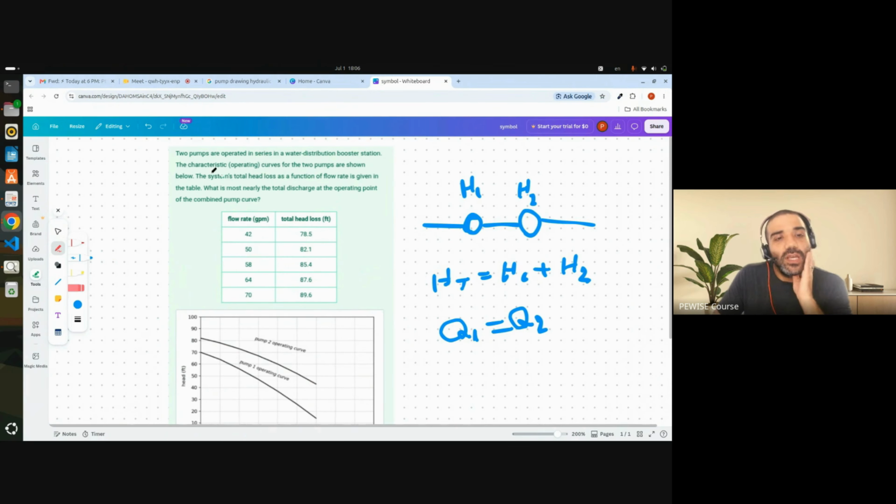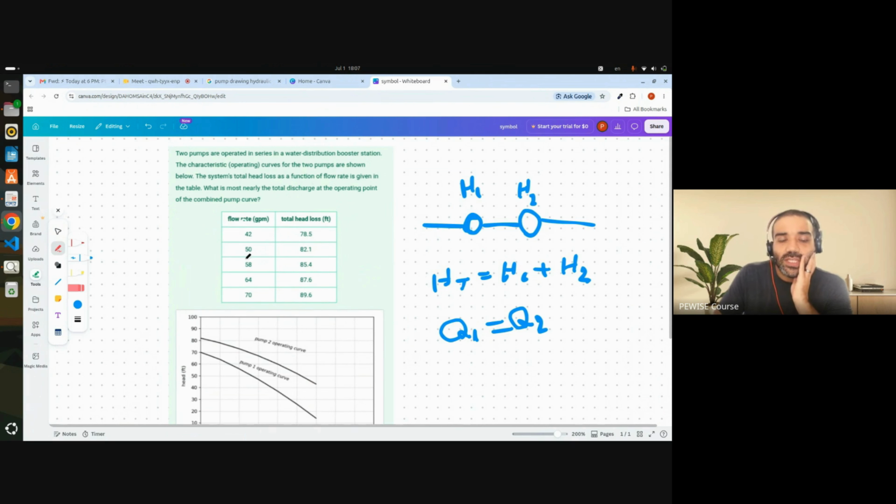The question reads, two pumps are operated in series in a water distribution booster station. The characteristic curves for the two pumps are shown below. The system's total head loss as a function of flow rate is given in the table. What is the most nearly total discharge at the operating point of the combined pump curve?